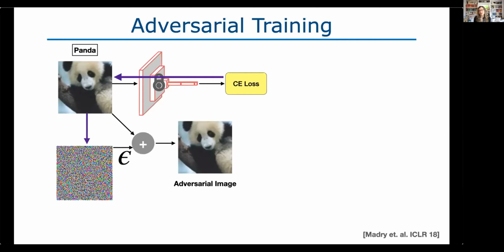This is manually set inside of these algorithms, but it's usually set to be very, very small, so that you're adding small perturbations to the image before you then train yet another model in order to recognize these adversarially perturbed images.